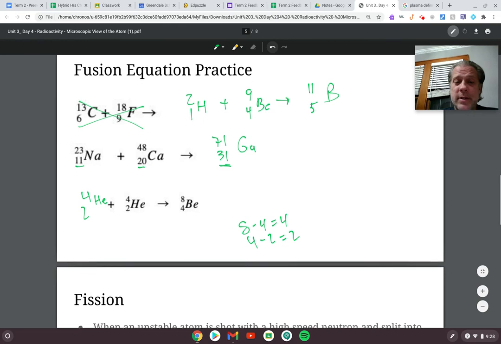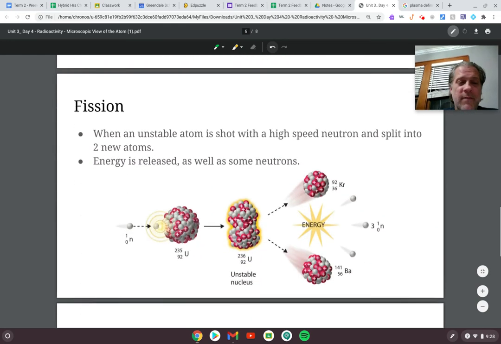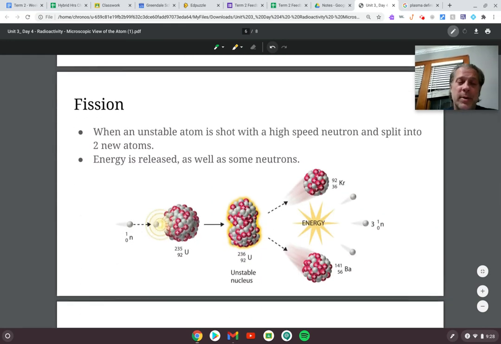So the next thing that we need to talk about is fission. And fission is a little bit different. This one does occur on Earth, and it is something that we are able to have some type of control over. It occurs when we take an unstable atom, the picture down below is uranium, and shoot it with a high-speed neutron, just a neutron that we happen to have laying around in a particle accelerator.